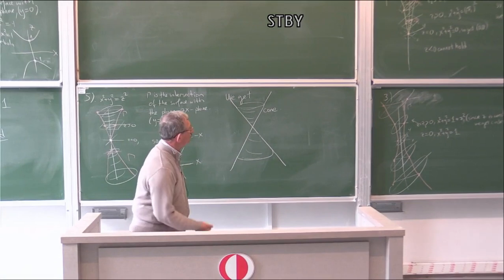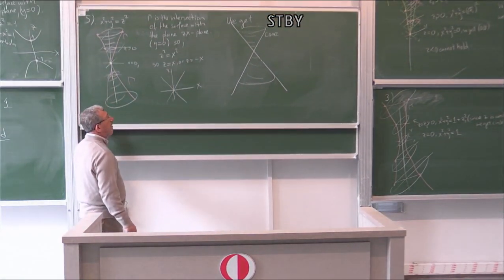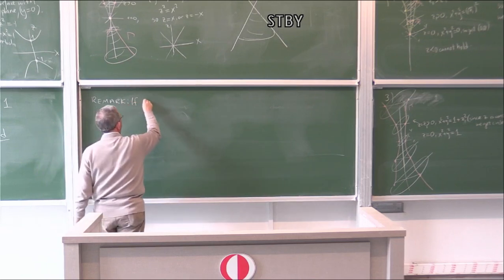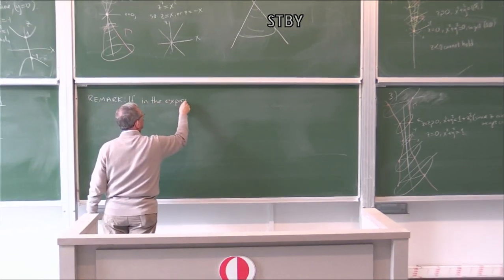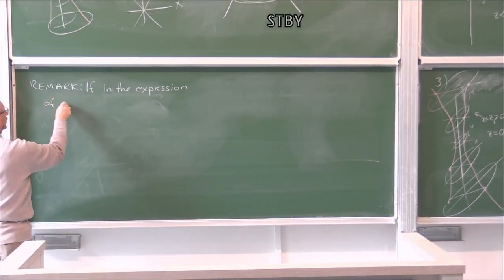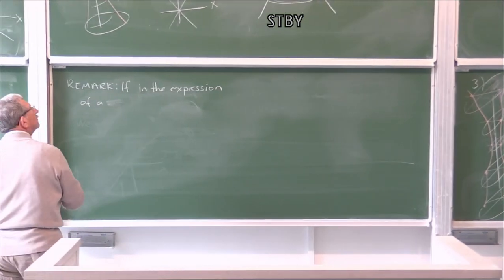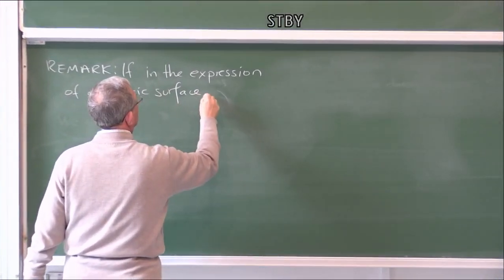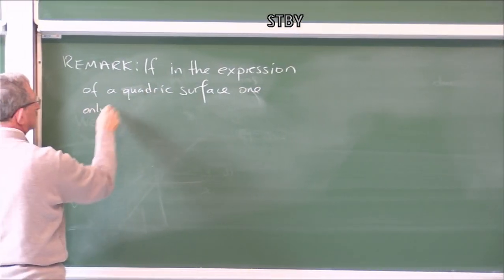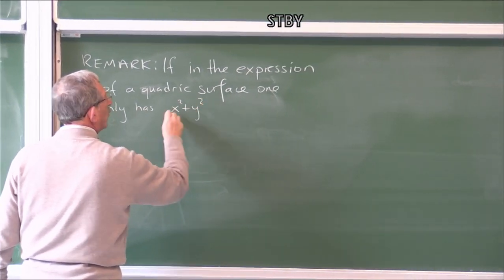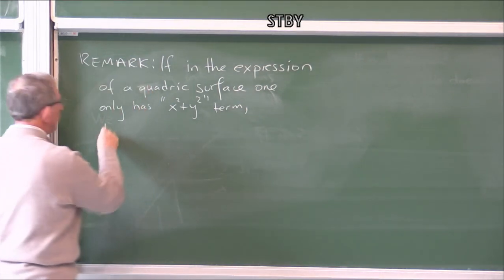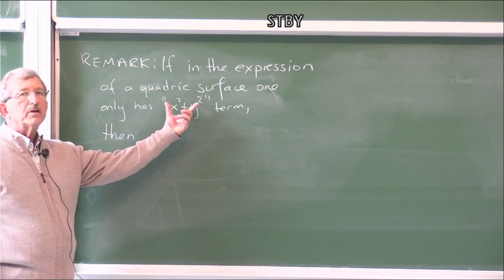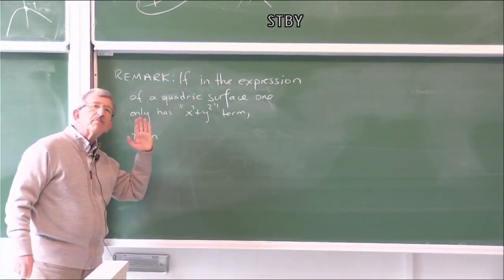A last remark about these sketches. If in the expression of a quadric surface, one only has an x squared plus y squared term, then it means that z depends on, not x or y, but on the distance squared from the z-axis.